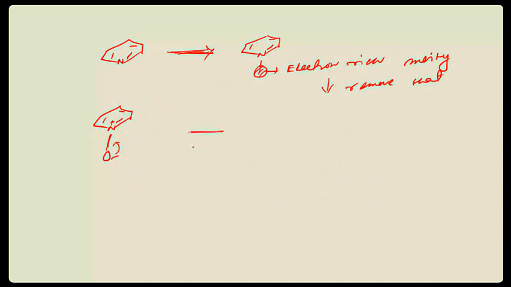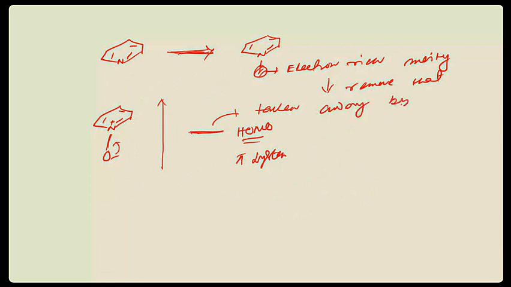Let's say it's the HOMO, the energy levels, the HOMO electrons of the pi system. This electron is going to be taken away by E plus. Very simple logic.